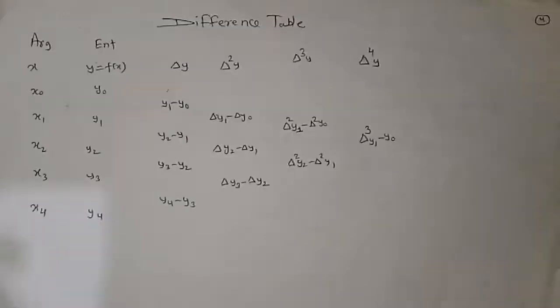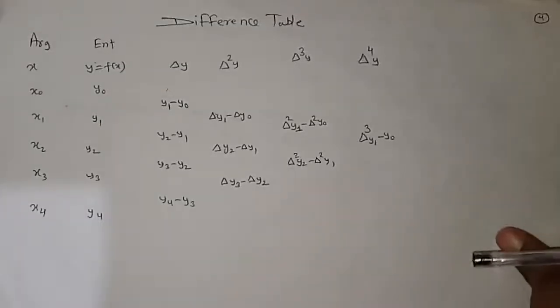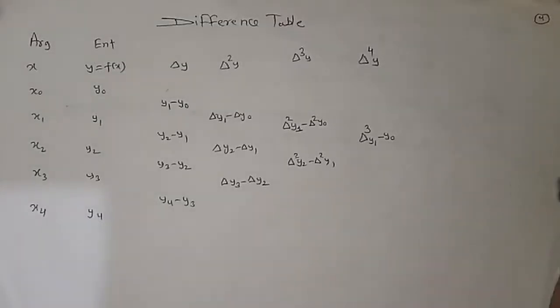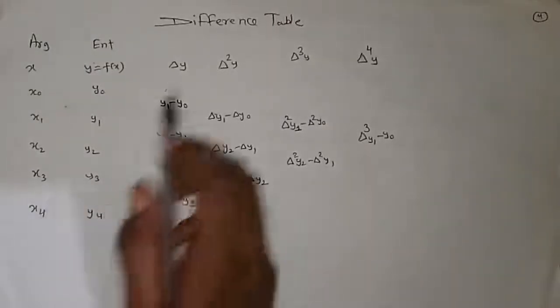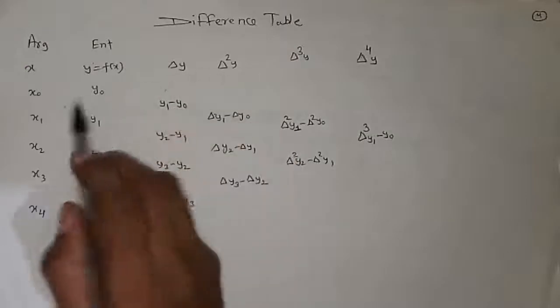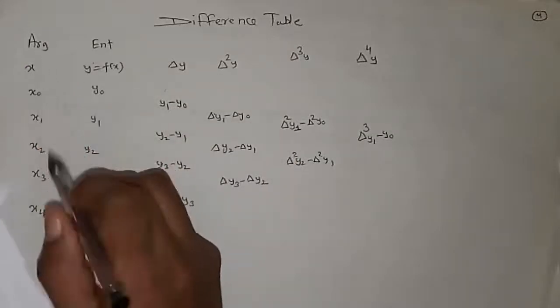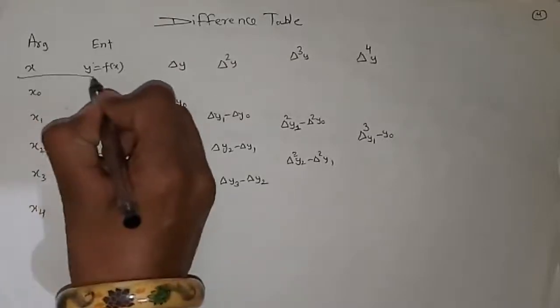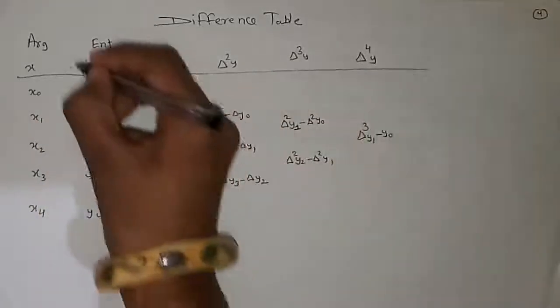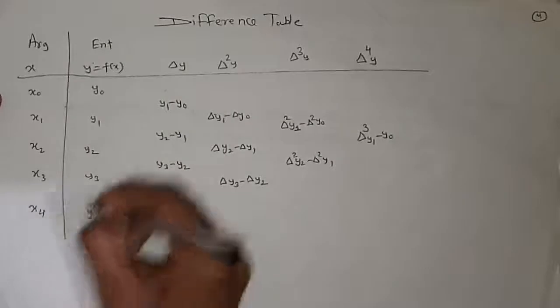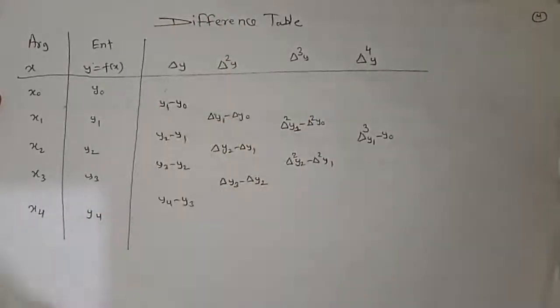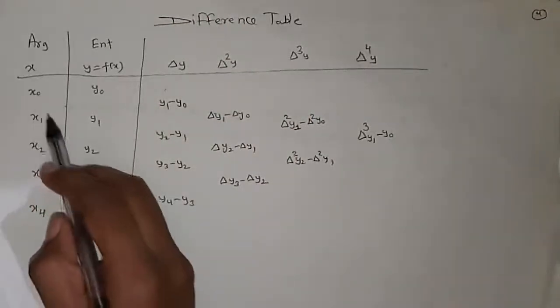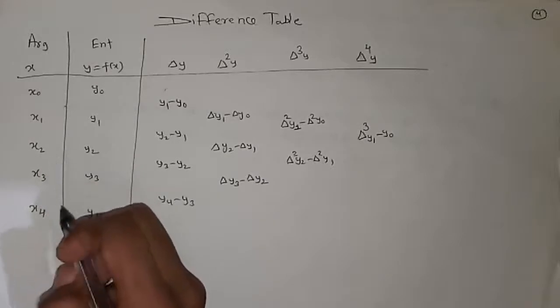for all the values. Now next is how to find the forward difference table. So how will we solve this? To draw this table, first of all we have to write all the arguments which we have. So we have x as x naught, x1, x2, x3 or x4.